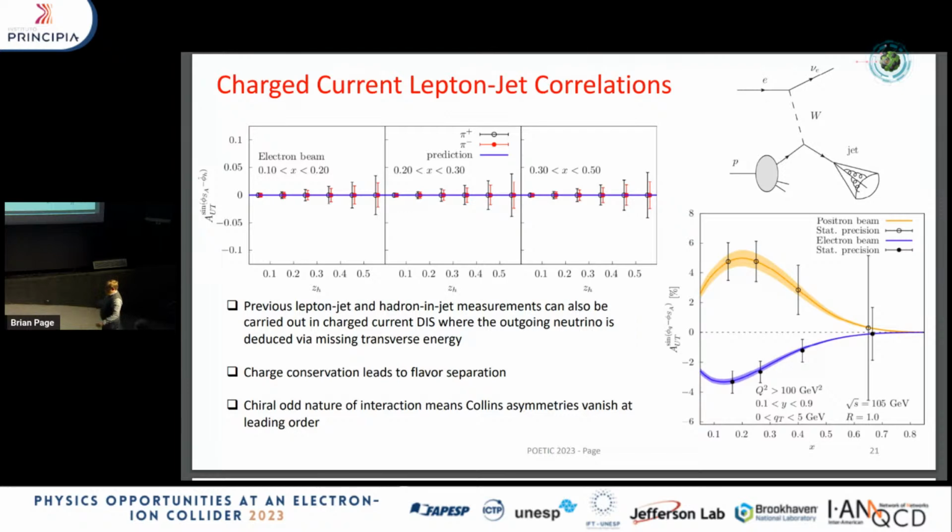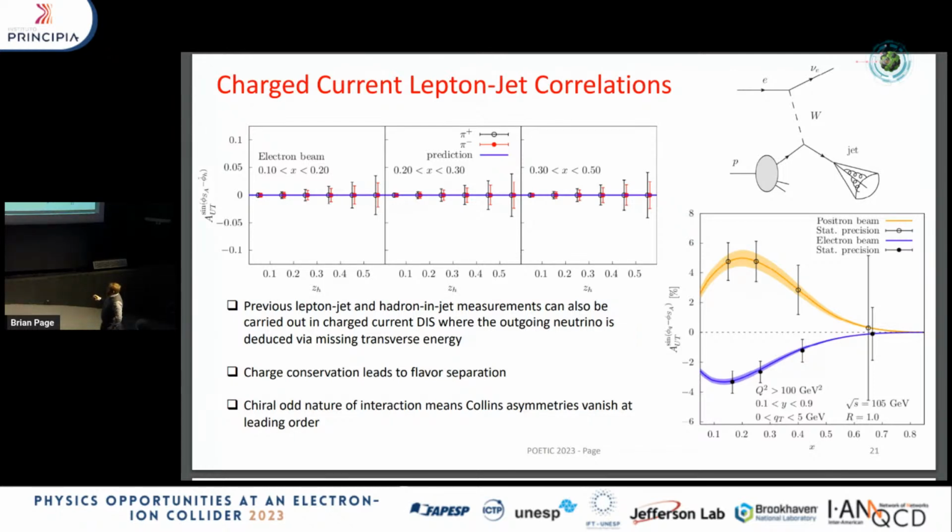You can try to measure all of the transverse energy in the event, and then from that reconstruct where the neutrino must have been going. But again, just because of the nature of the charged current interaction, you're automatically getting some flavor separation. You're looking at predominantly one flavor of quark here.